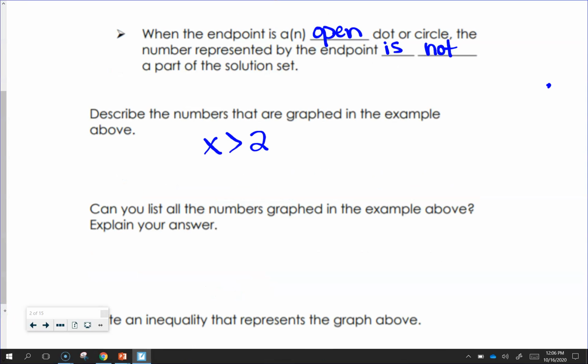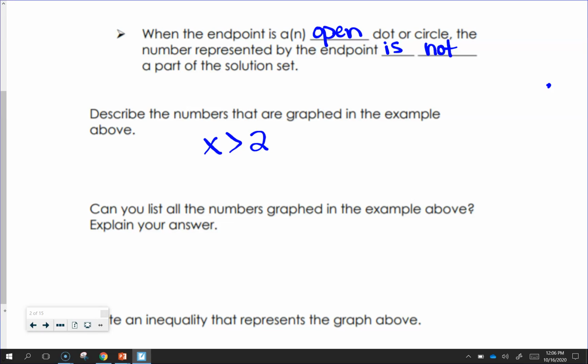All right. Can you list all the numbers graphed in the example above? Can you list all the numbers that are bigger than 2? 3, 4, 5, 6. What about 2.1? What about 2.01? 2.0001. Can you list all the numbers that are bigger than 2?